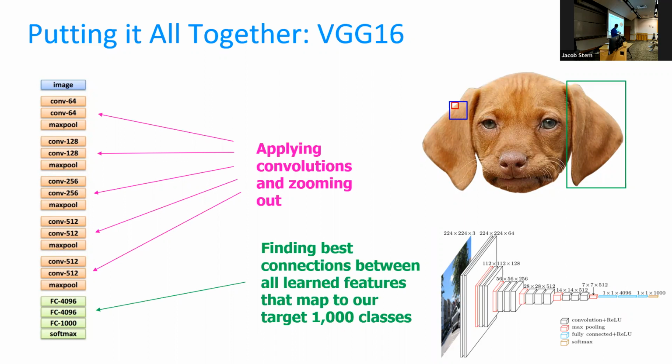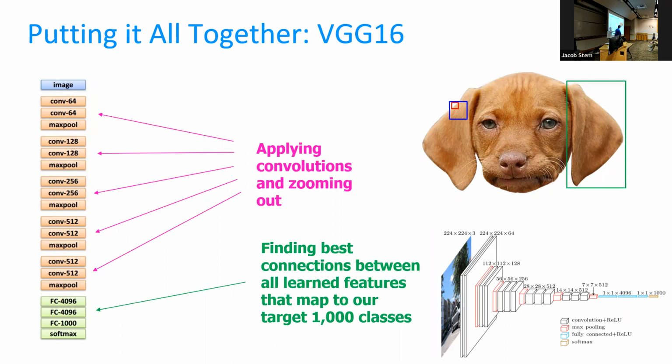Because a fully connected layer doesn't have any kind of bias about spatial information. And it's what it says here. So we're applying convolutions and zooming out, and basically we're going from spatial information into higher, more abstract representations, like has an eye, or has a nose, or has an ear.